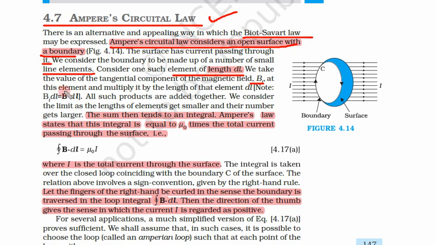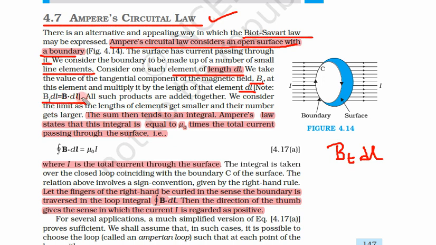We multiply it with the length of the element dl. So we have this tangential component of the magnetic field multiplied with dl.